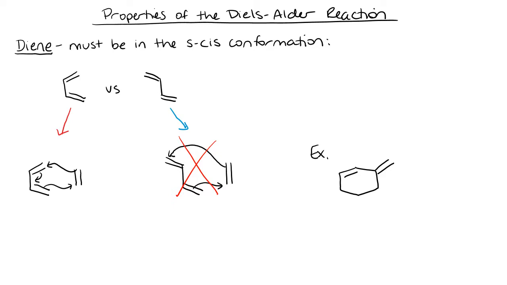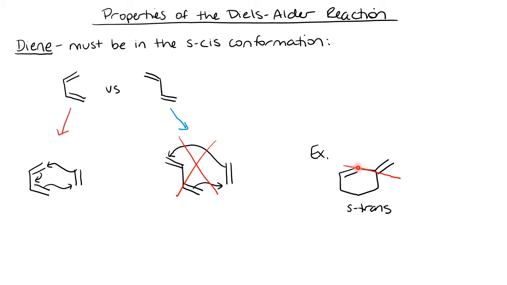So for certain molecules that are locked in an S-trans conformation, such as this one here, we can see that we have the single bond separating our conjugated double bond. And if we were to draw a line down the single bond, we have both of the double bonds on opposite sides. So currently this molecule is in the S-trans conformation.